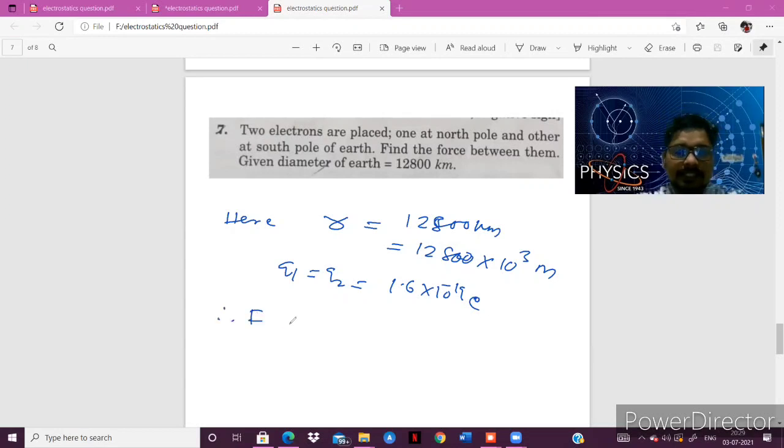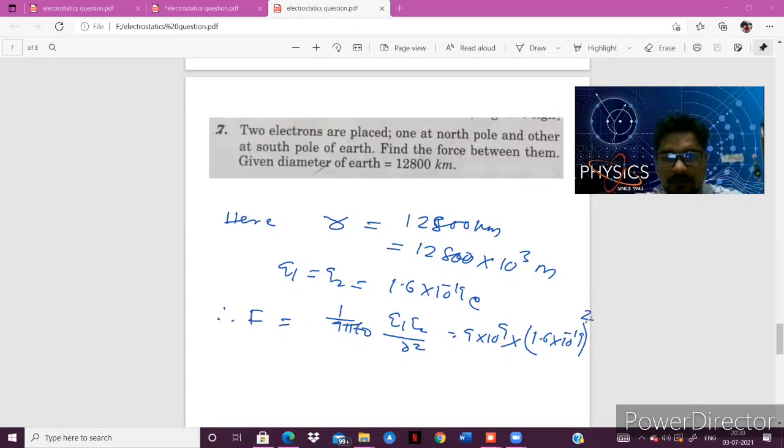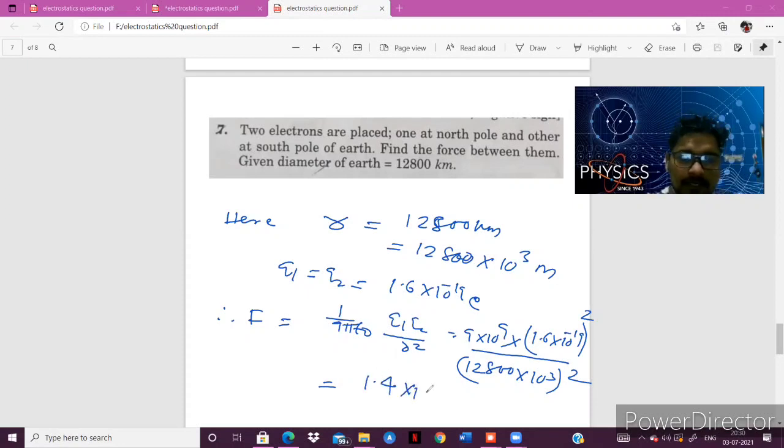So the force is 1 by 4 pi epsilon 0 q1 q2 by r square, which is equal to 9 into 10 to the power 9 into 1.6 into 10 to the power minus 19 whole square, divided by the distance square, 12,800 into 10 to the power 3 whole square. It will be calculated, and the final value is 1.4 into 10 to the power minus 32 Newton.